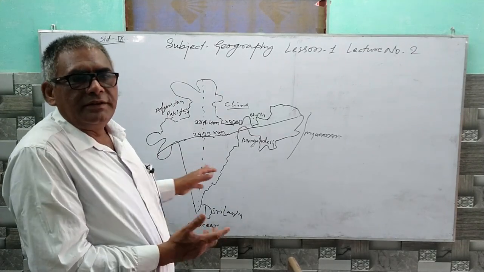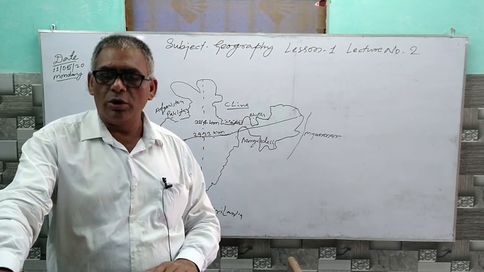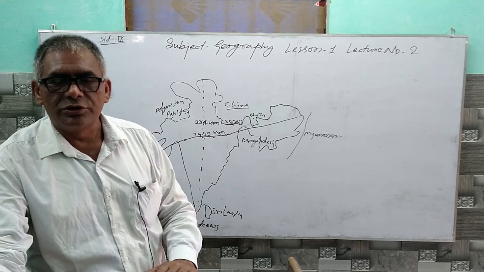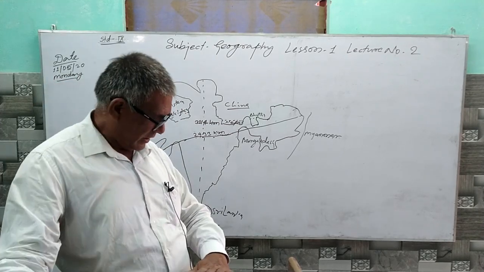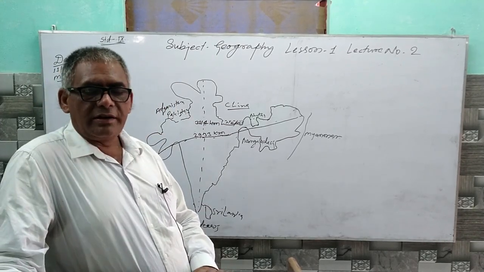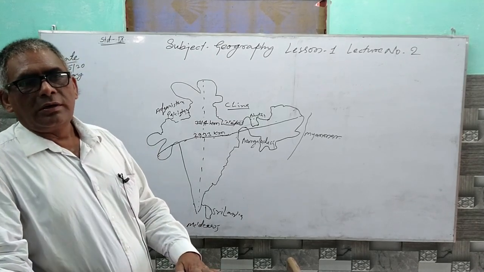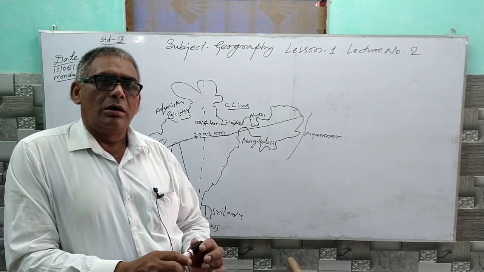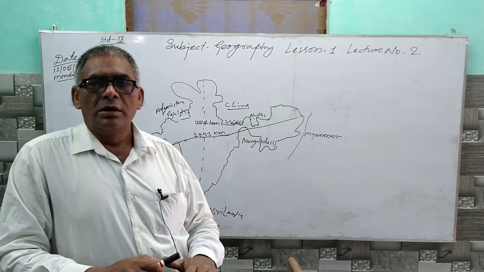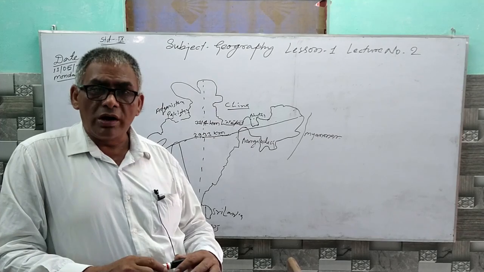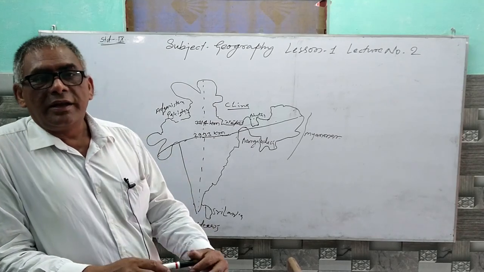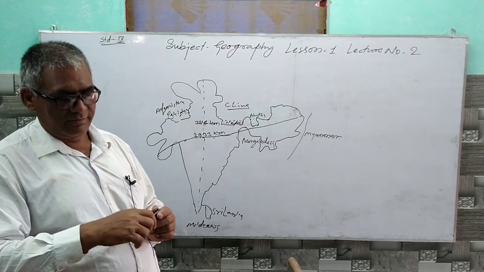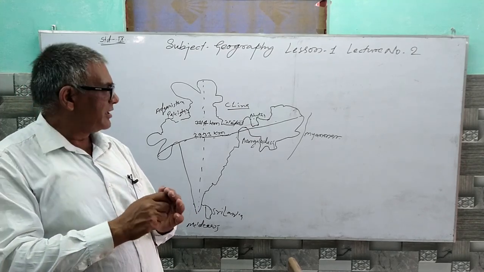This time difference of 2 hours could cause a great dispute related to time in our country, and so, like the solution of time dispute of the world, in India there is also a standard meridian.